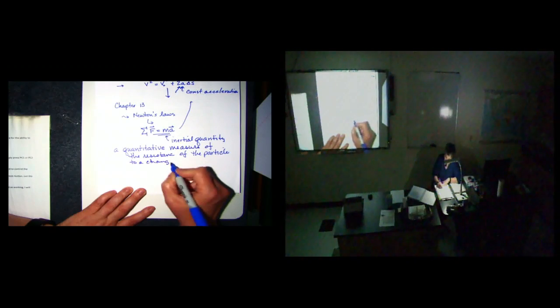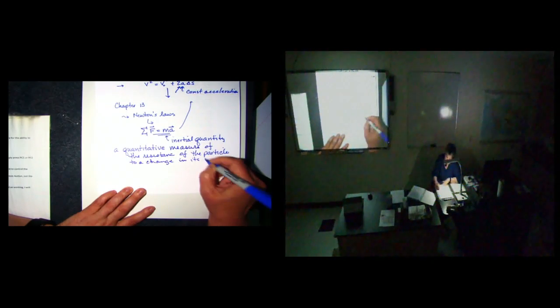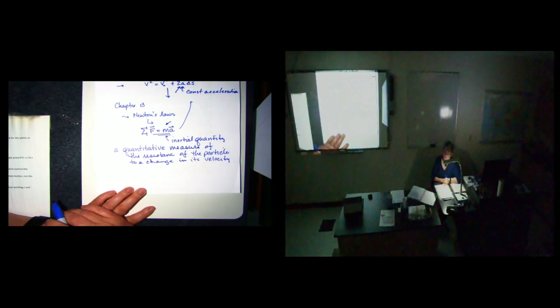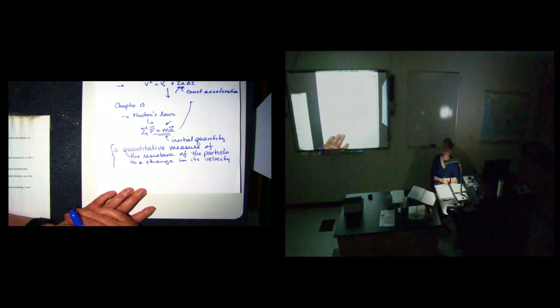So even though we talked about what mass was from a qualitative standpoint, now we're really figuring it out as a more substantial piece. And this essentially is inertia.